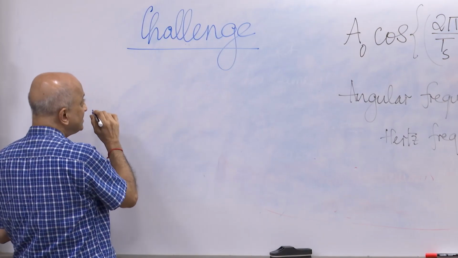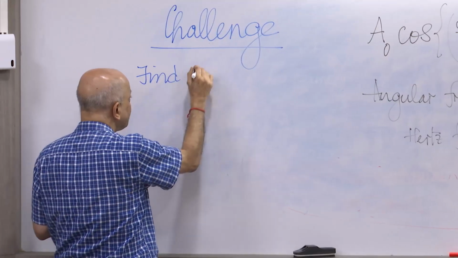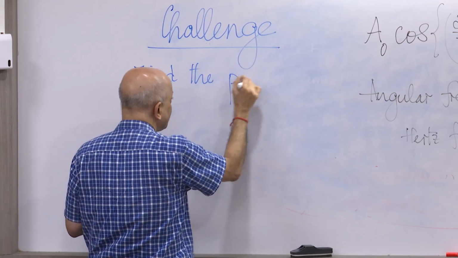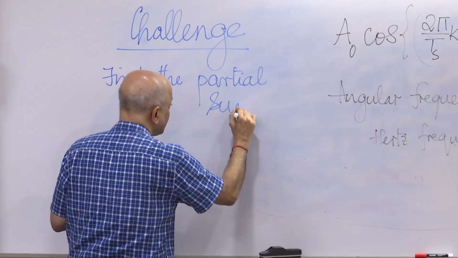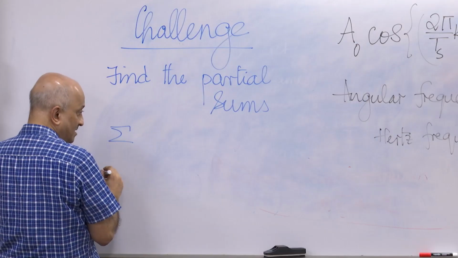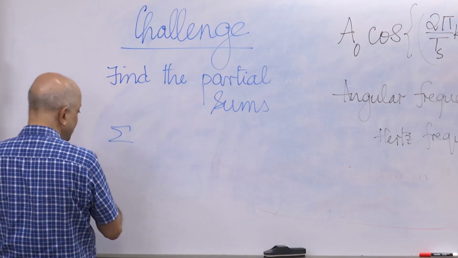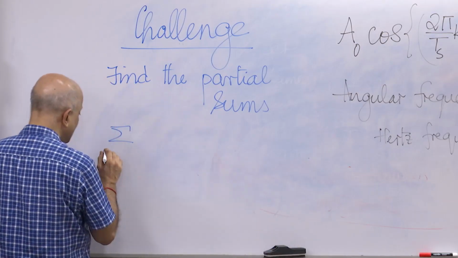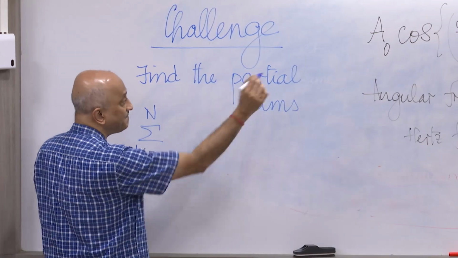The challenge is, find the partial sums. So, take the original sinusoid, and then the summation for k equal to 1 to n, right?